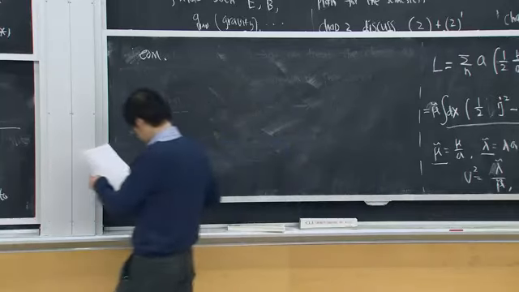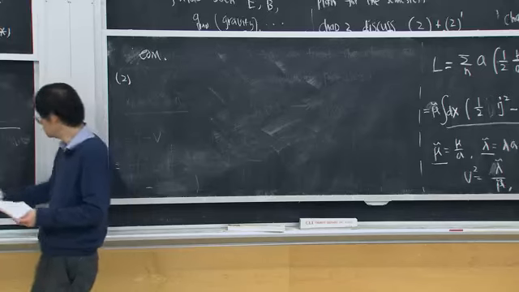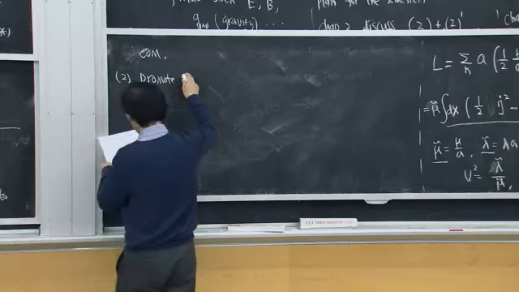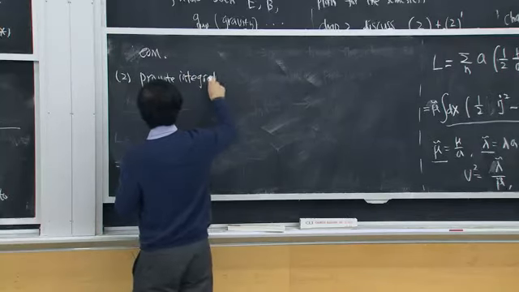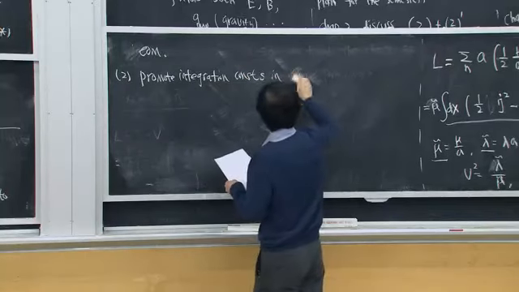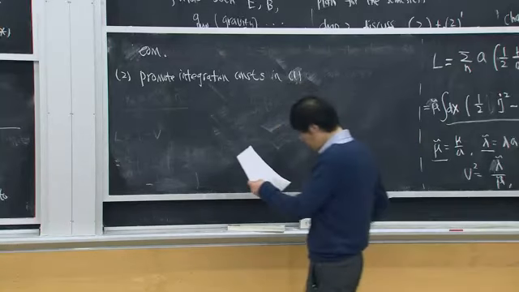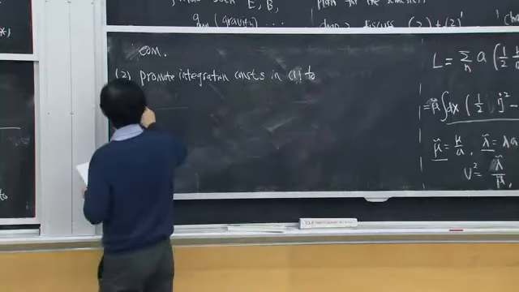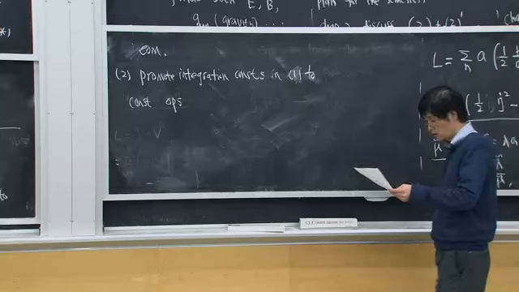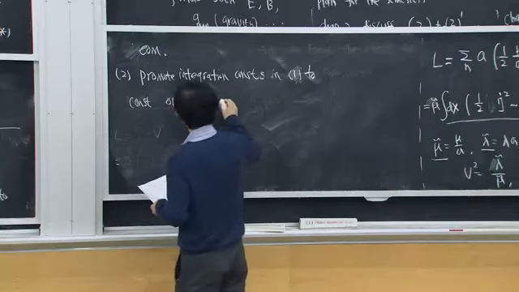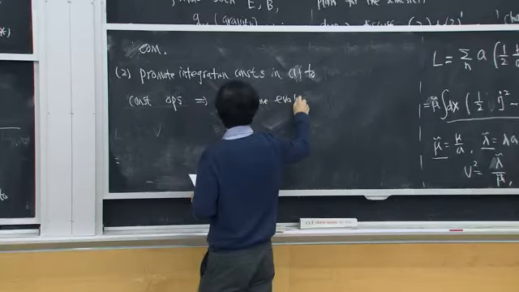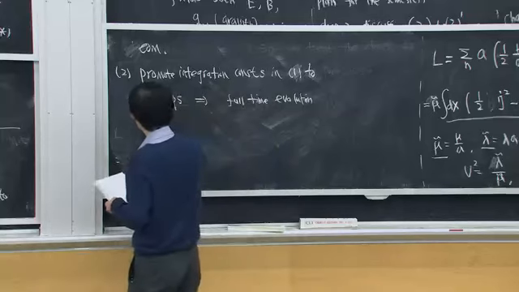And then when you go to quantum, you just promote the integration constants in your classical solution in step 1 to constant quantum operators. So this gives you the full time evolution at the quantum level.